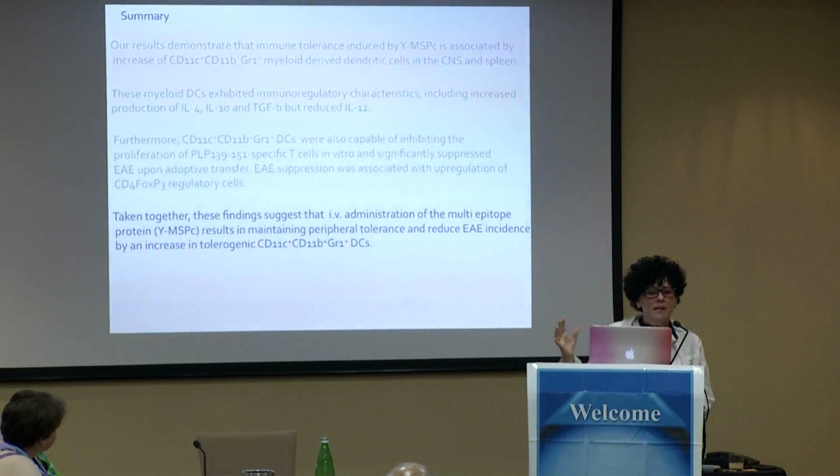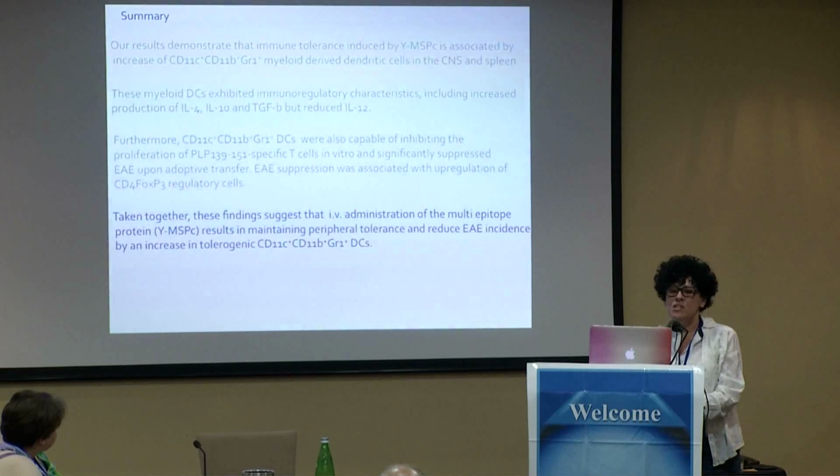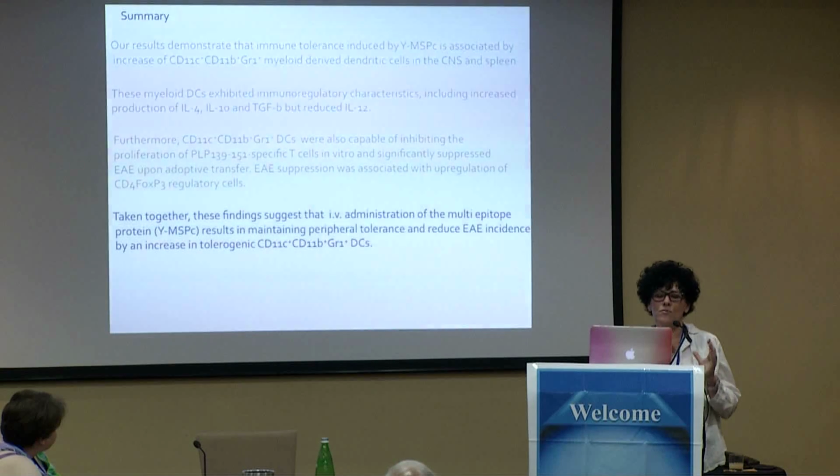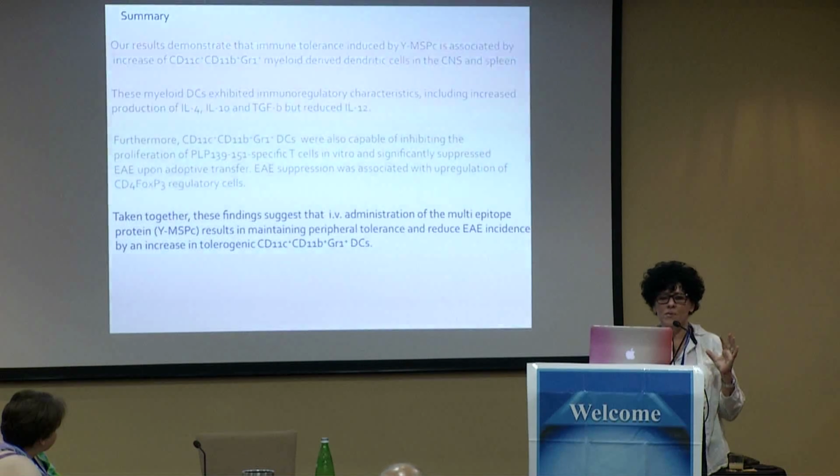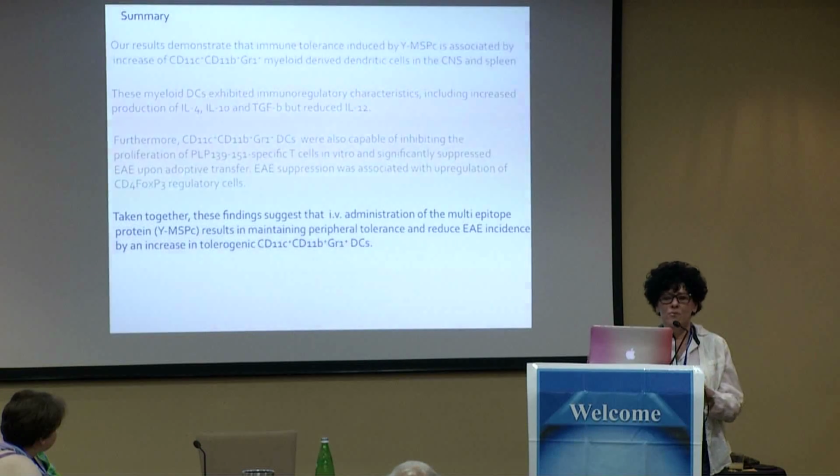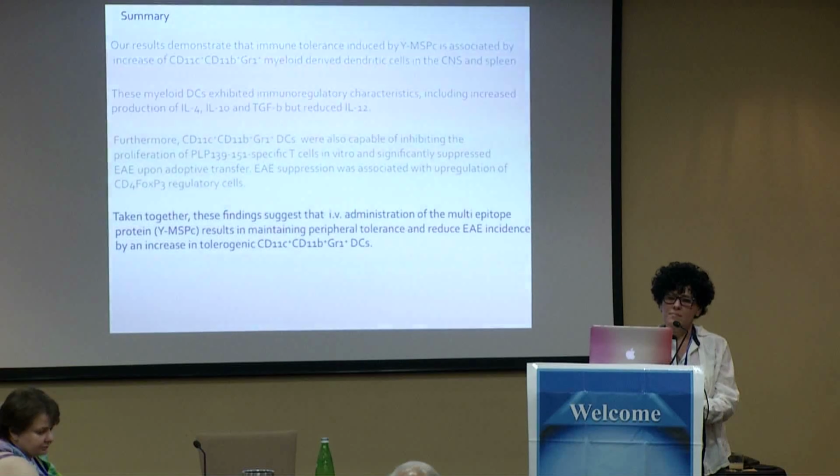And when we take all together, these findings suggest that IV administration of the multi-epitope protein results in maintaining of peripheral tolerance and reduced EAE incidence by increase of tolerogenic CD11c, CD11b, GR1 dendritic cells.